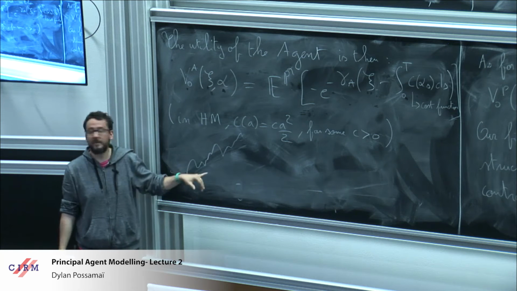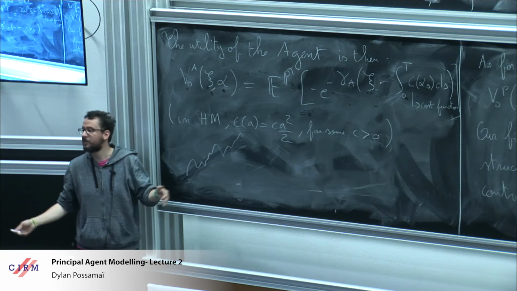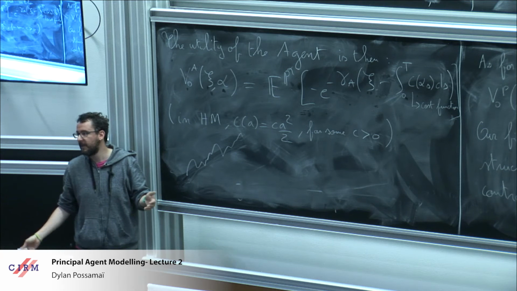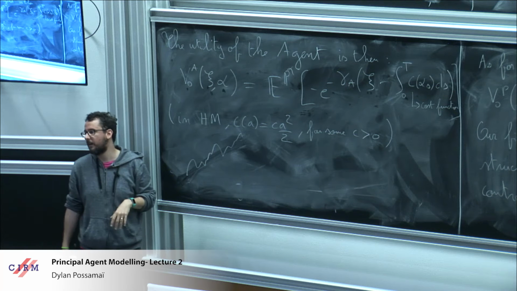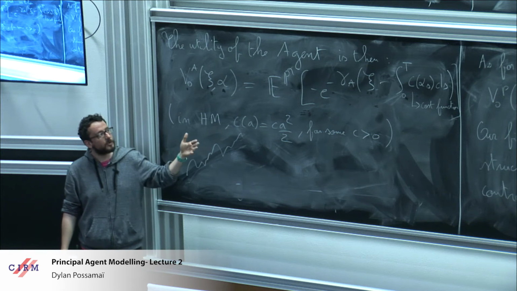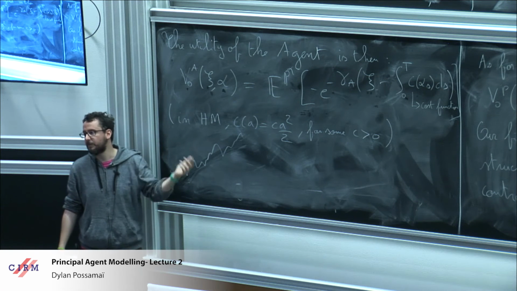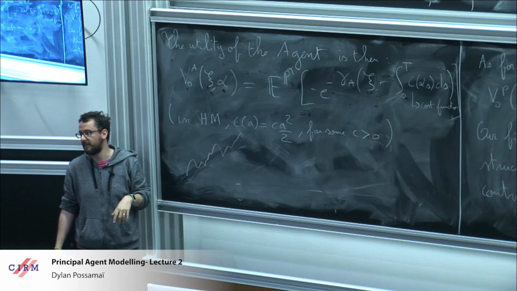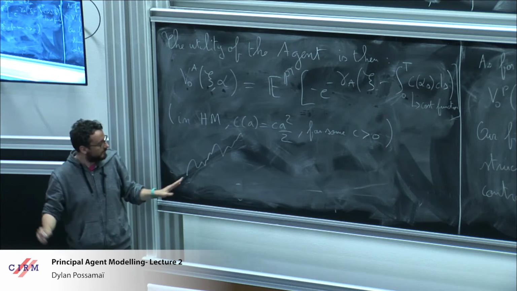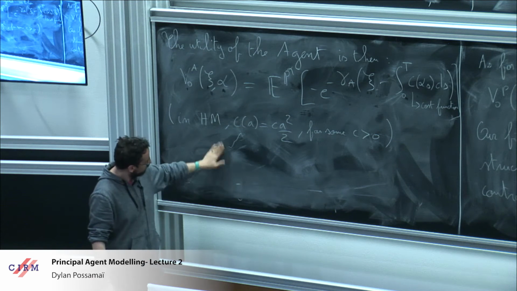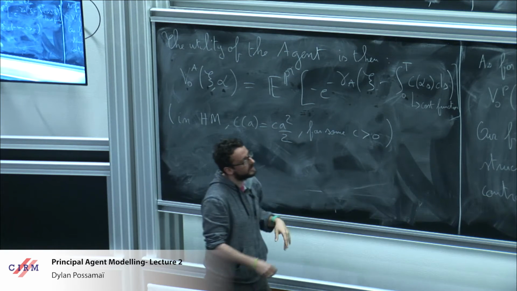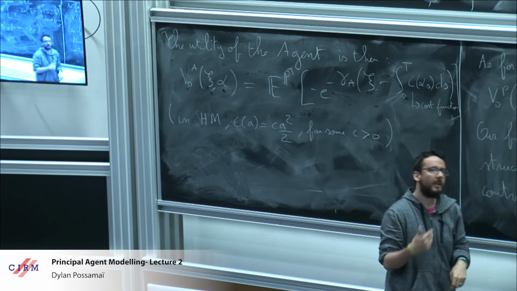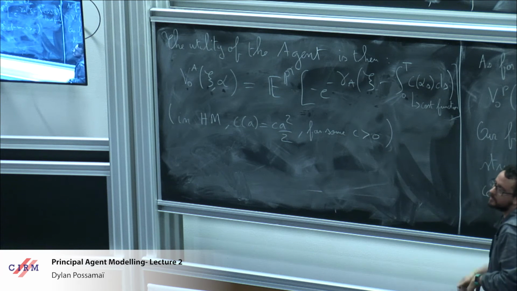But that could also be a realization when alpha is 0. It's just much less likely. And what I'm trying to figure out by writing it that way is what is the distribution of X that's actually coming from efforts chosen by the agent. But it would be a valid point to try to do this in strong formulation. This is not done for technical reasons, and because historically speaking, that's not what people have done.